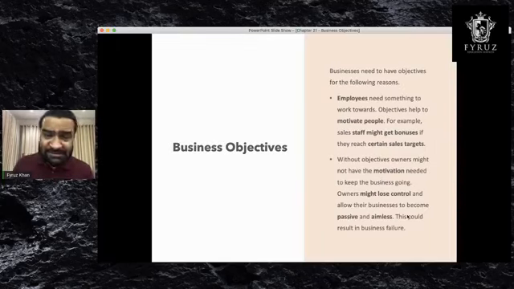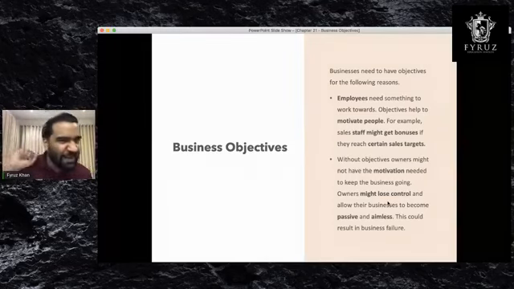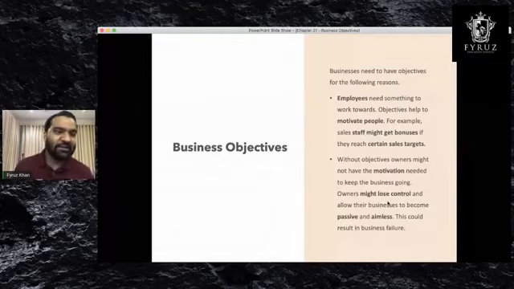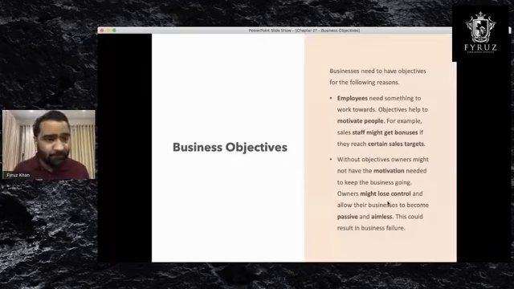The second point is, without objectives, owners may lose vision. Owners may be lost. Owners might lose control. They may be passive and aimless. You're just running a company without a vision, without an objective. How is that possible? You need to plan. Like in our future, we plan, right? After, let's say, completing A levels or SSC, HSC, I'm going to do this, I'm going to do that, or I want to go to that university.